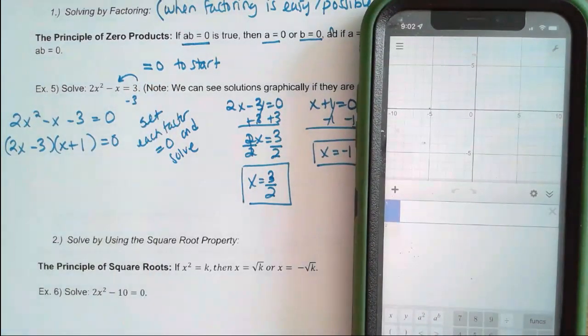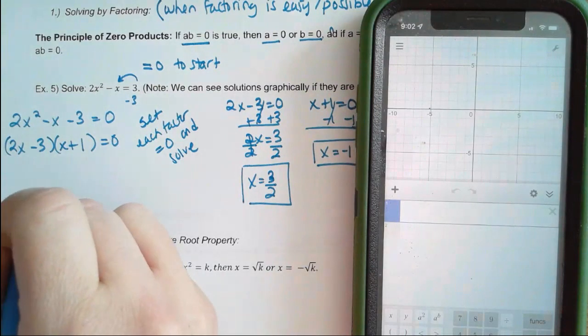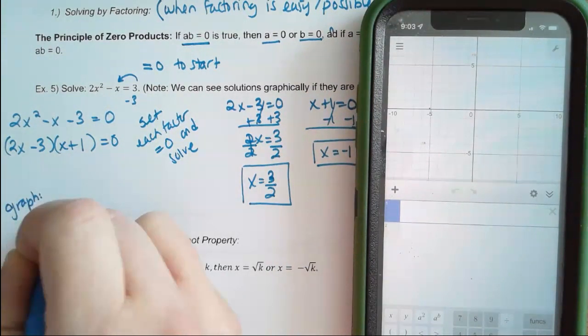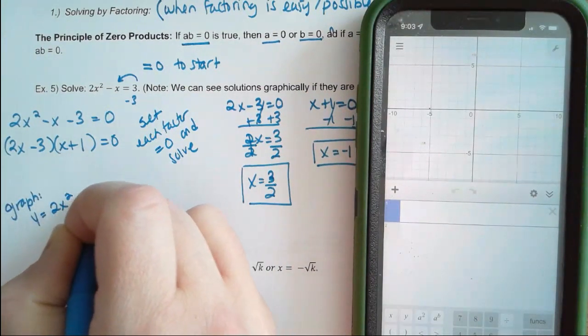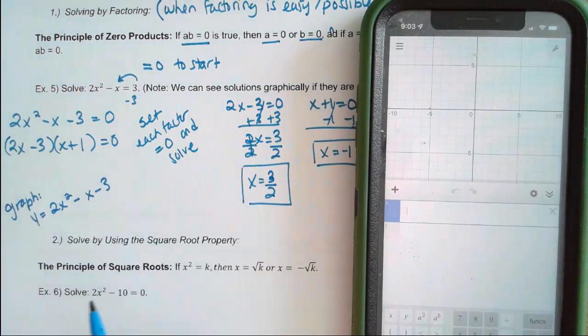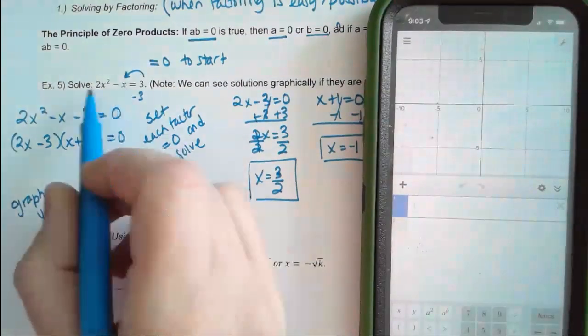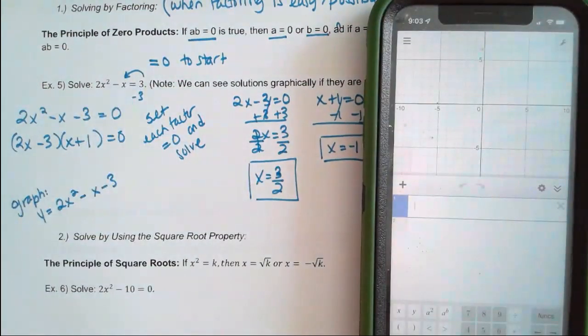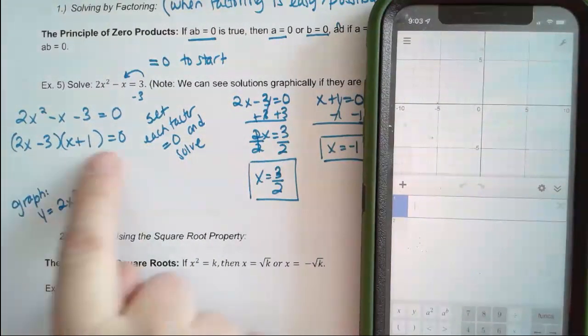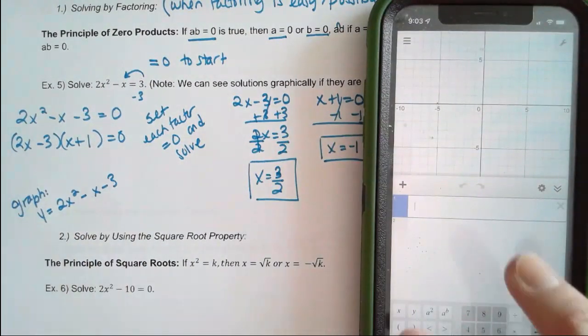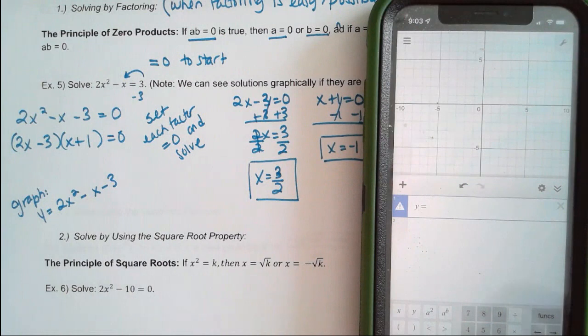So on my graph, I'm going to enter this as y equals 2x squared minus x minus 3. When you put it in with the original, sometimes it gets these weird vertical lines in it. So you do want to bring everything to one side and use a y there. Or function notation is fine too.